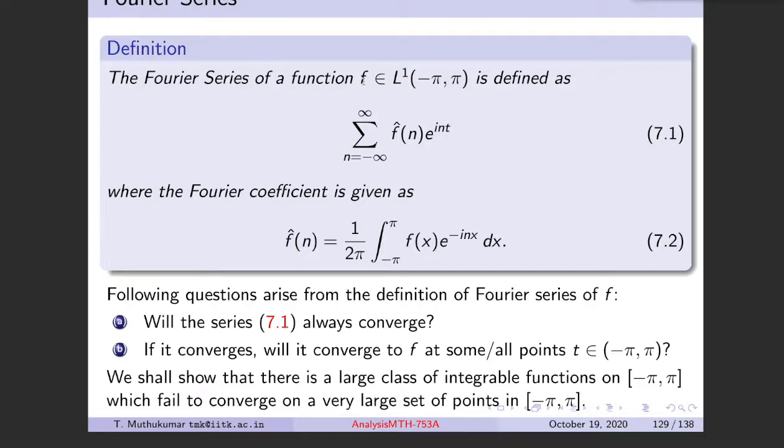So it kind of goes to infinity. It does not converge, and that happens for a large collection of functions and a large collection of points. That is the aim of this lecture. So by the end of this lecture, we will see a proof that this Fourier series need not converge for a large collection.